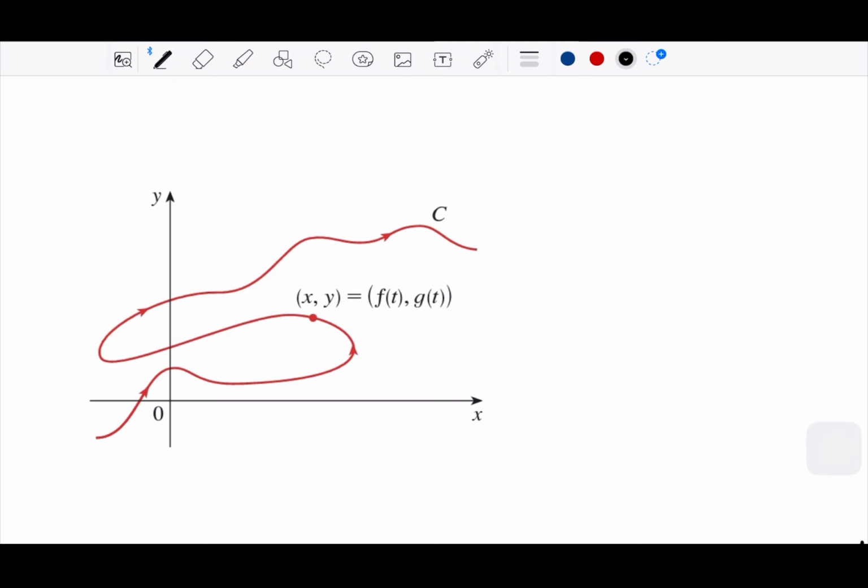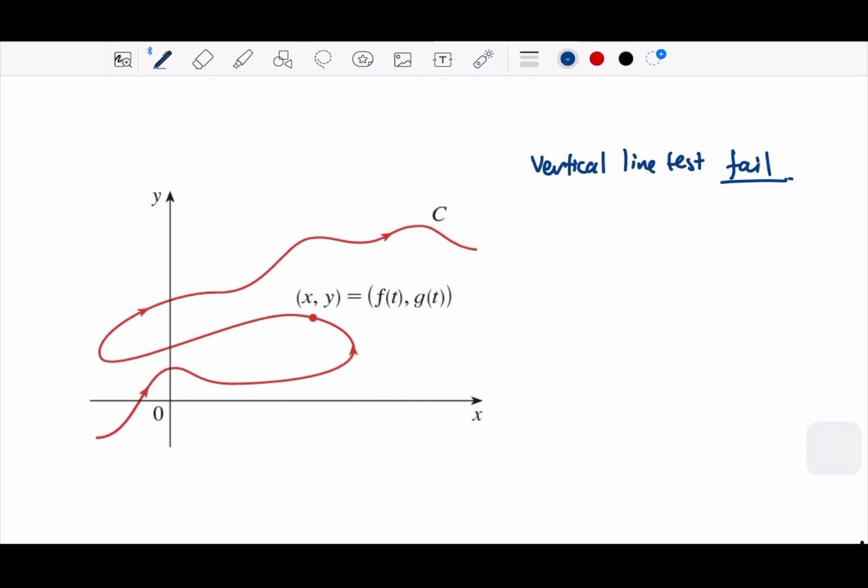So in parametric, of course, the vertical line test that you had before will fail. This will fail in parametric. So it is impossible to describe the curve with the functions.